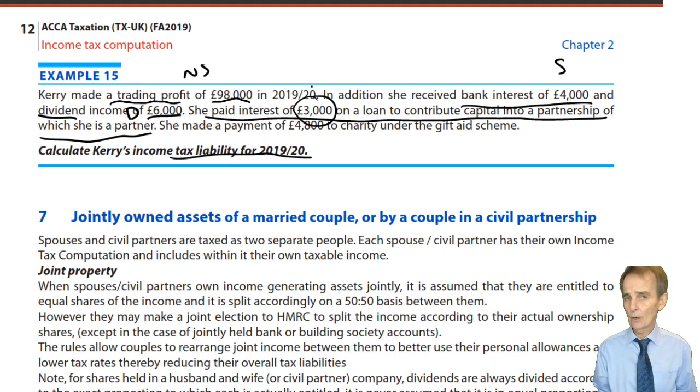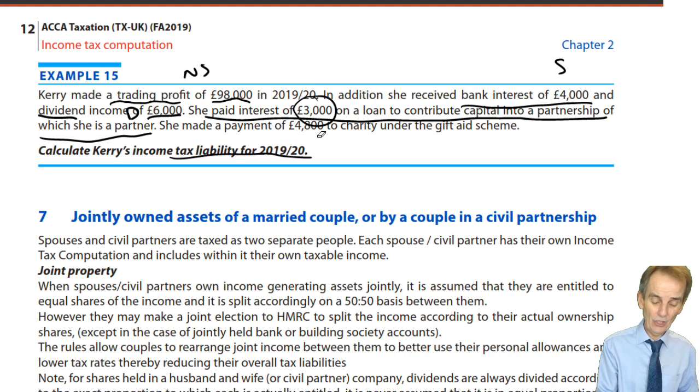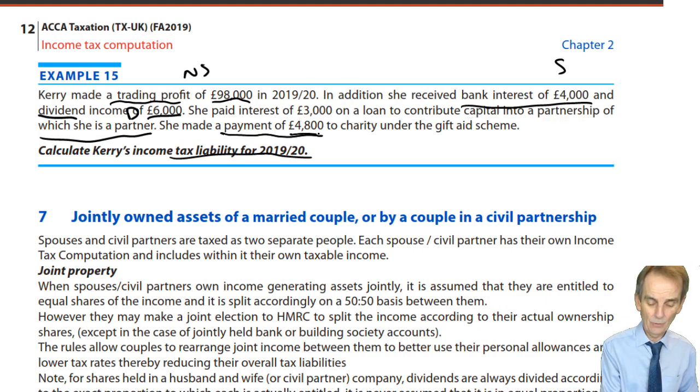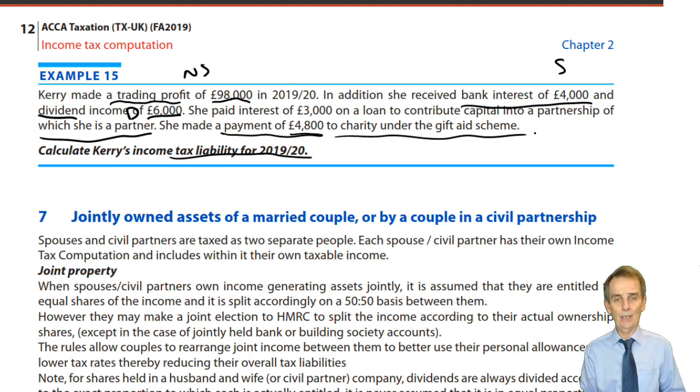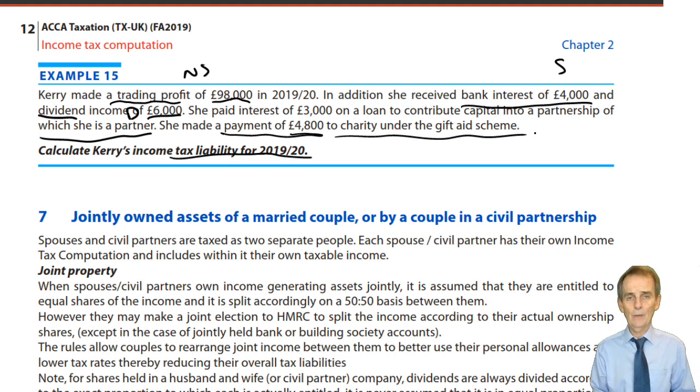Well, you'll only know that once you've established adjusted net income. And for adjusted net income, we need to take account of a payment of £4,800 to a charity under the gift aid scheme.